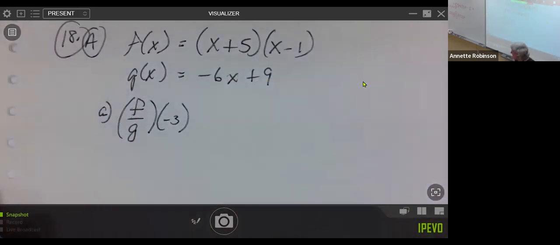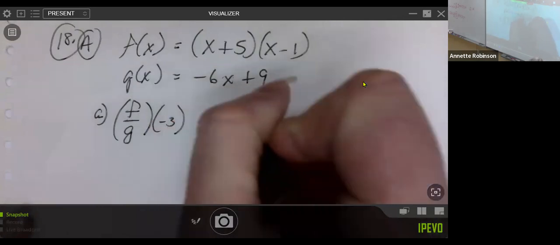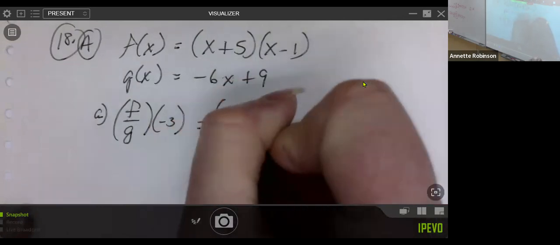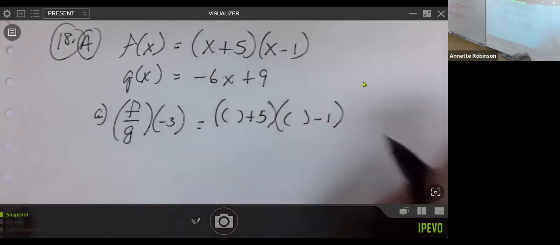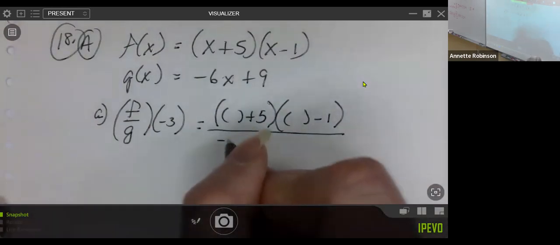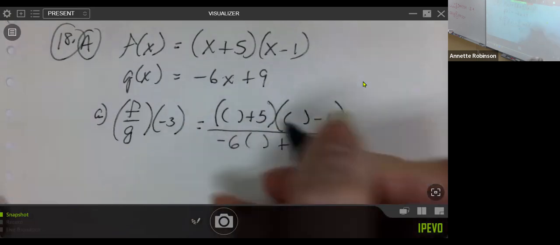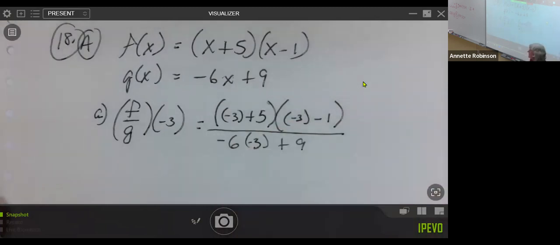So if you think what that's saying, it's saying put function f over function g, then plug in negative 3. So if I put f on top, which is (x plus 5)(x minus 1), notice I'm taking my little x's and making small parentheses with it, over negative 6x plus 9, and I stuck in a negative 3 for all the x's.